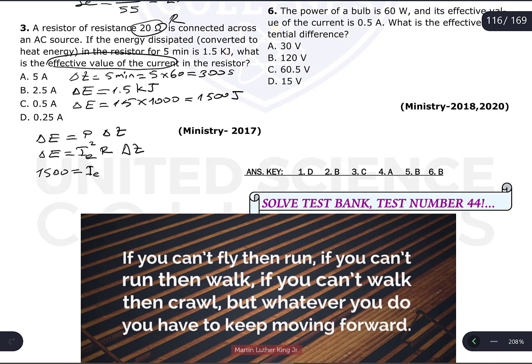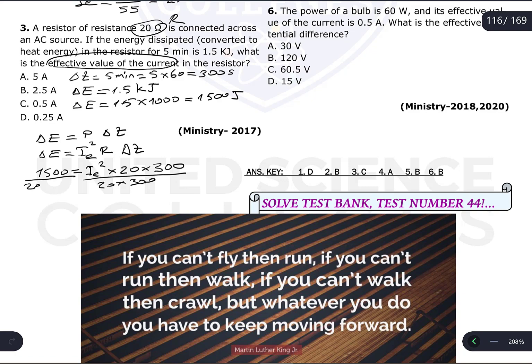Effective current is the question. R is given as 20 ohm. Delta T is calculated as 300 seconds. So divide both sides by 20 times 300.